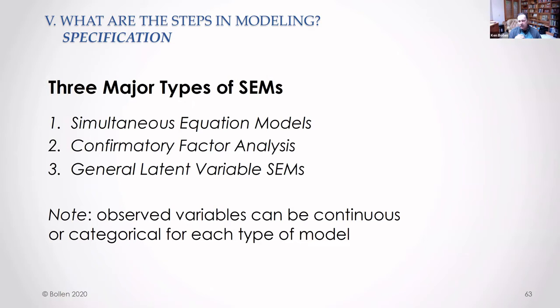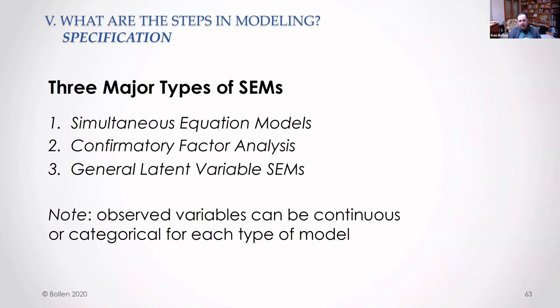And simultaneous equation models have been most studied in probably econometrics, to date. So econometric type models, where you have multiple dependent variables, but you are assuming that there's negligible measurement error, we can see how we can get that as a subtype of this more general latent variable structural equation model.